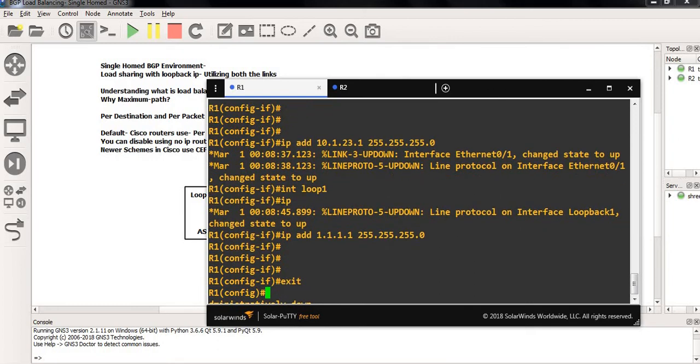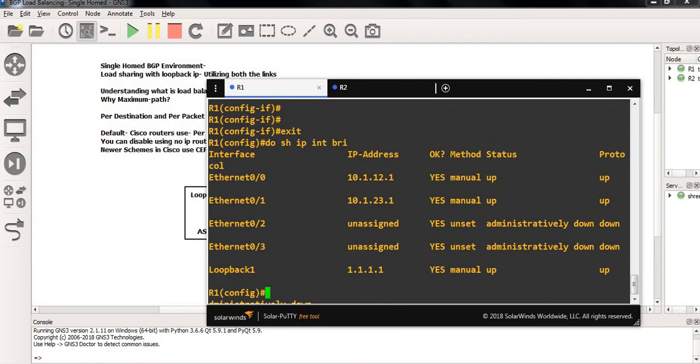So what I have here is I have configured these interfaces. Okay, so 10.1.12.1, 10.1.23.1 and 1.1.1.1. This is the loopback IP address, and these two are the Ethernet interfaces.